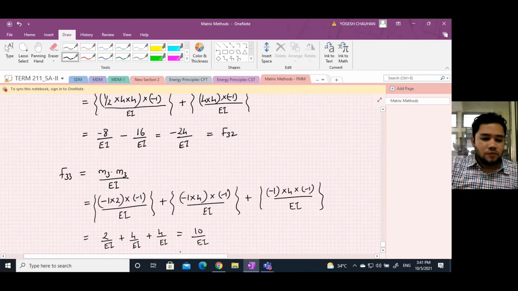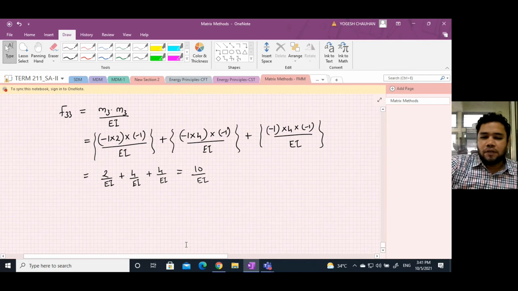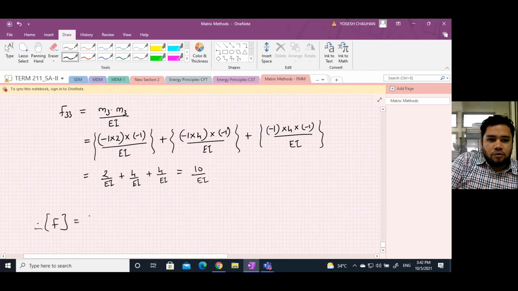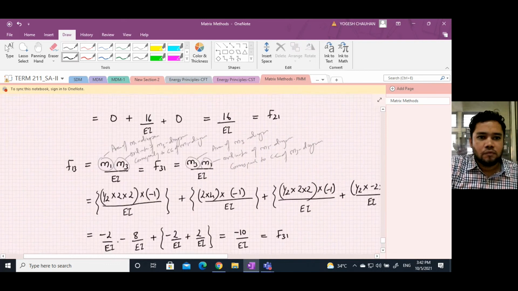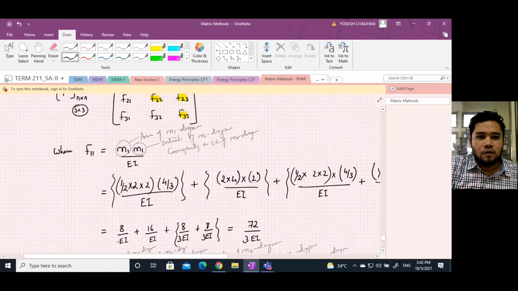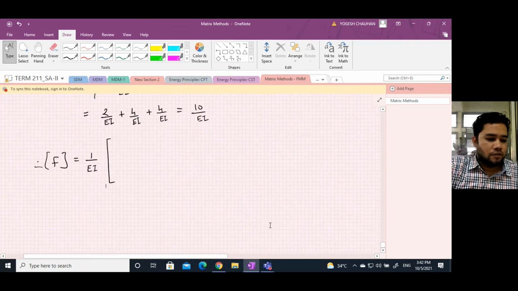Okay. So with this, you have all the components of flexibility matrix. So your flexibility matrix F will be equal to, we take 1 by EI as common, so 1 by EI. F11 is 72 by EI, so we write 72 by 3.